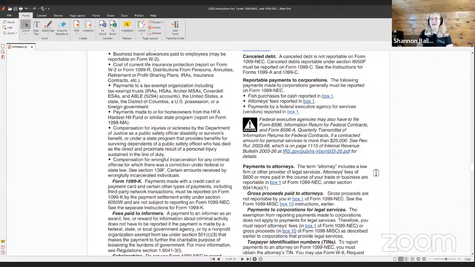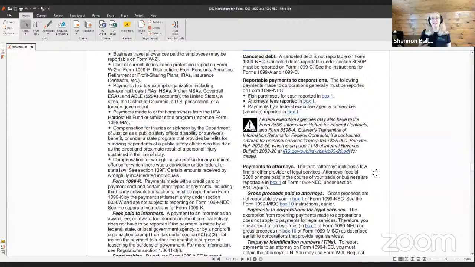Wow, that's a lot of information, and we haven't even really gotten to the actual box 1 part. So we've covered a lot of different things where you do not report on a 1099 NEC because it's reportable someplace else.